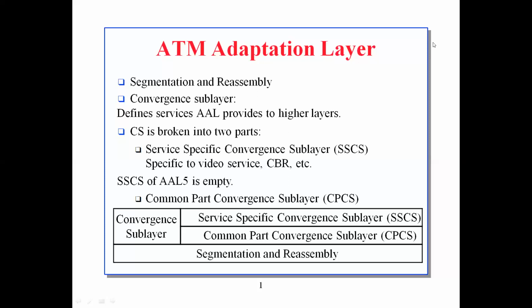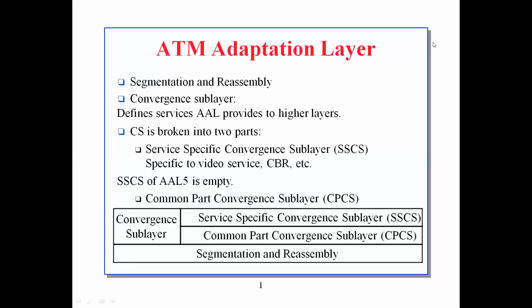The lower layer of AAL is the segmentation and reassembly sublayer, that is SAR. This is used to segment the payload into 48 byte cells, and at the destination reassembles them to recreate the original payload. It can add a header and trailer to the data given to it by the CS to form a cell payload.